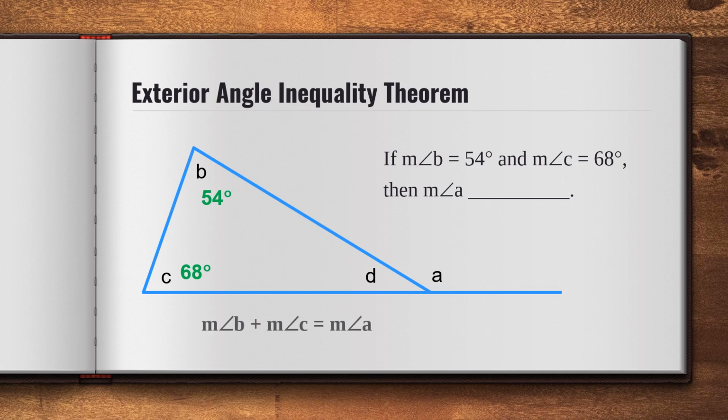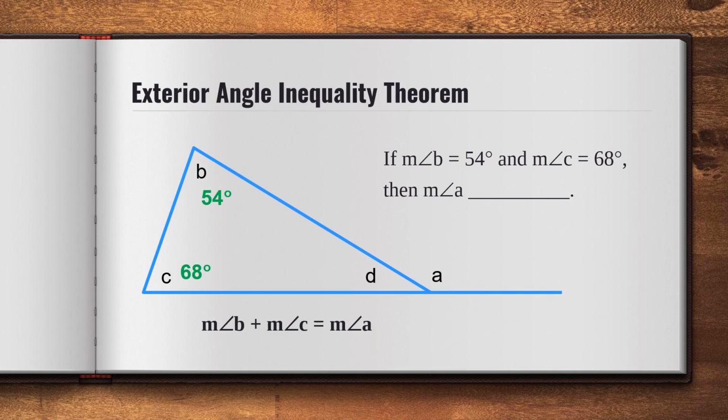Sabi sa theorem na to, the sum of the two remote interior angles is equal to the measure of the exterior angle. So again, sa ating figure, ang exterior angle natin is angle A. So, obvious yun, ano? Kasi yung angle A is outside our triangle.